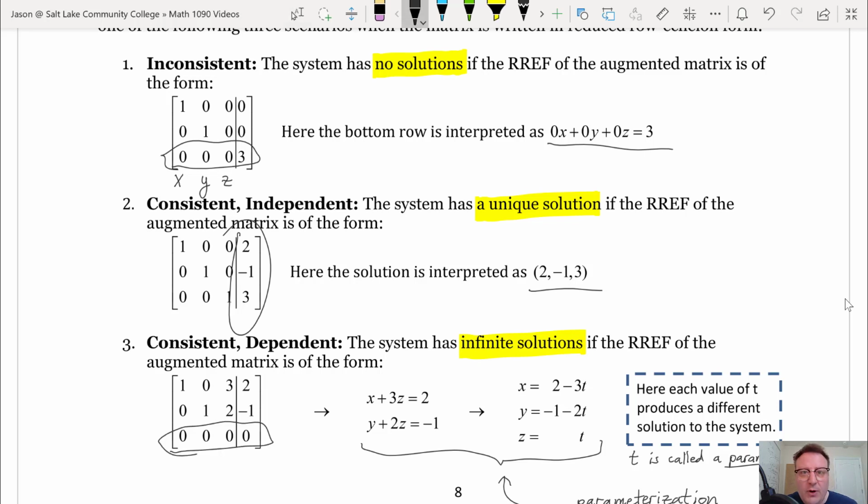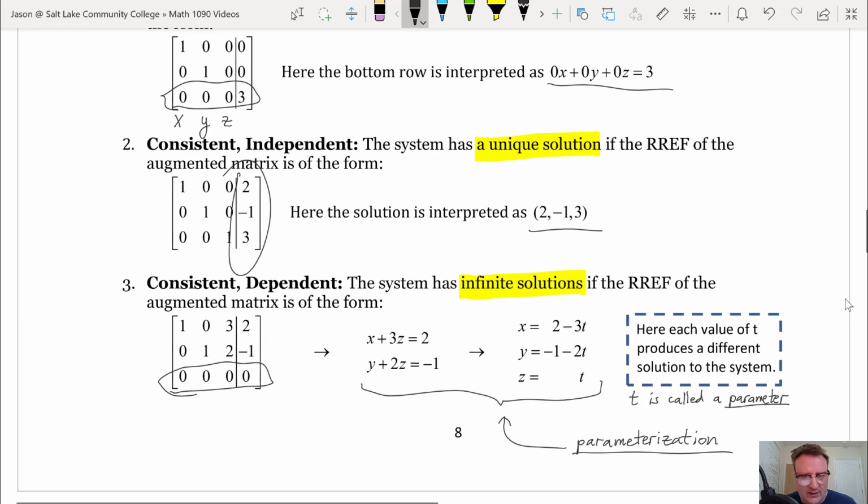Okay, so if you get a row of all zeros in your matrix, and to keep things simple, we'll always deal with square matrices here, or rather, when the coefficient matrix is square. When you get a situation like this, where you have all zeros in the coefficient matrix and a 0 in the constant column, this corresponds with the equation 0x plus 0y plus 0z equals 0.